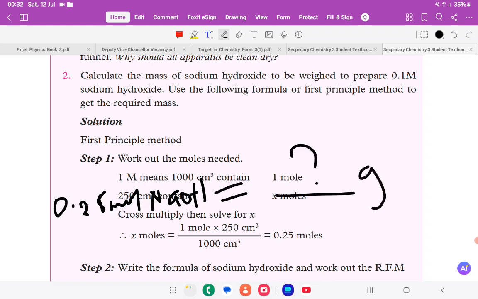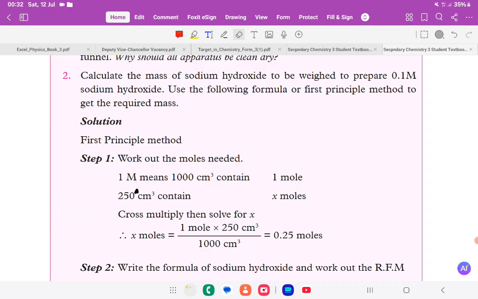How many grams are these? Once we find the number of grams that are needed, we go ahead and use the digital balance to measure that mass and then dissolve it.